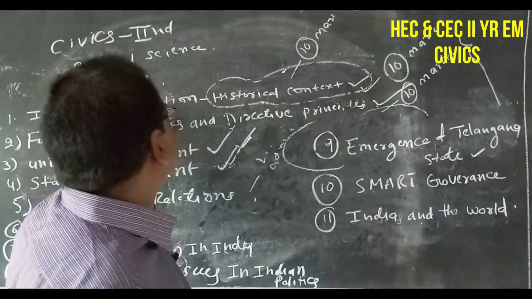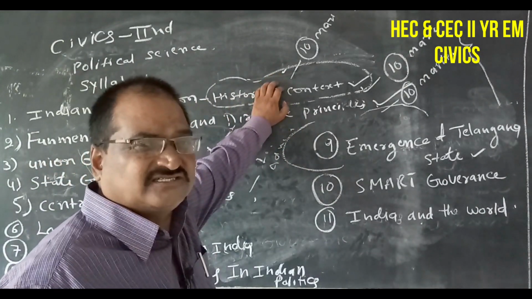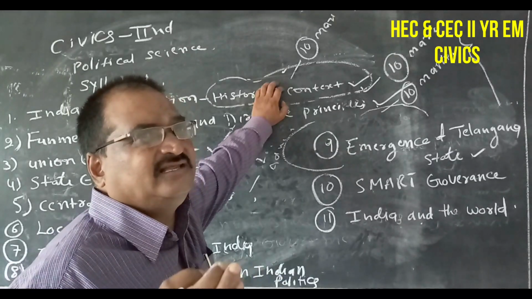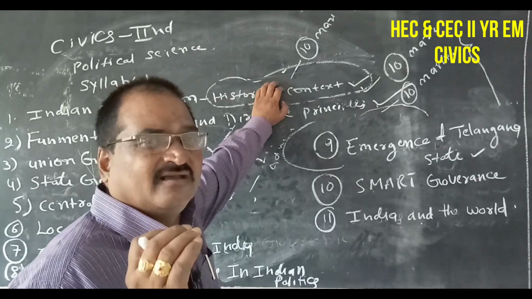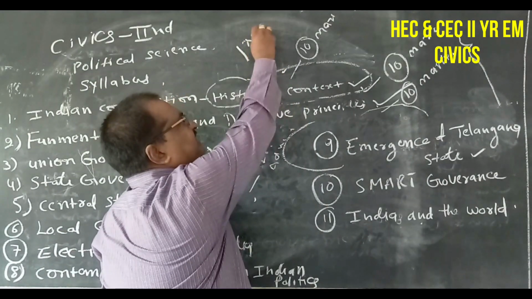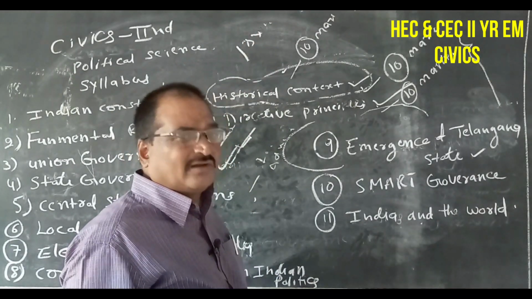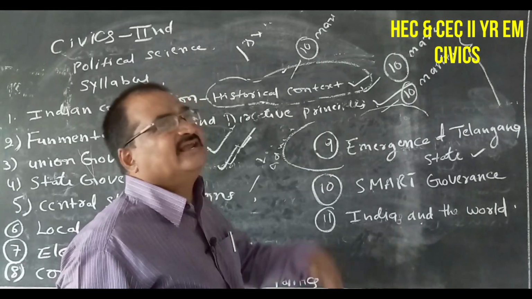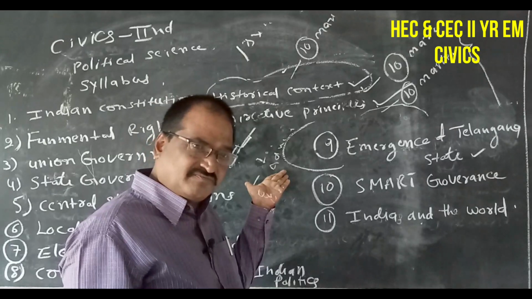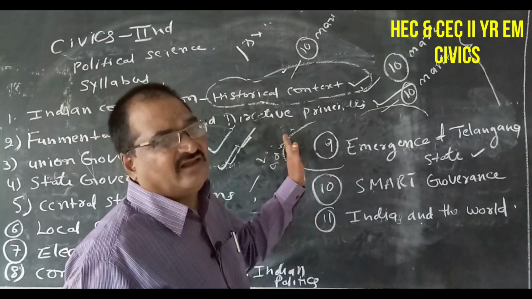In Section A, you write any 3 out of 5; every question carries 10 marks, so 3 into 10 is 30. In Section B, there are 12 questions, you write any 8; every question carries 5 marks. In Section C, there are 20 questions, you write any 15 for 30 marks. This is the model of the intermediate second year Civics paper.